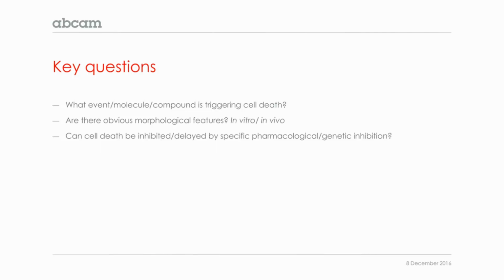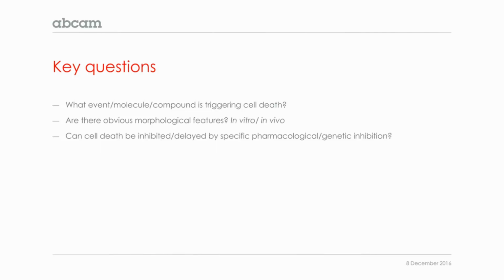So for instance, what exactly is triggering cell death in our model? A microbiological pathogen is more likely to activate cell death via death receptors than by directly inhibiting molecules, which is a mechanism of action that we'll probably see in cells treated with some chemical compounds.